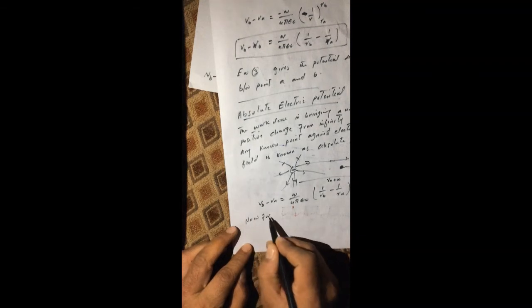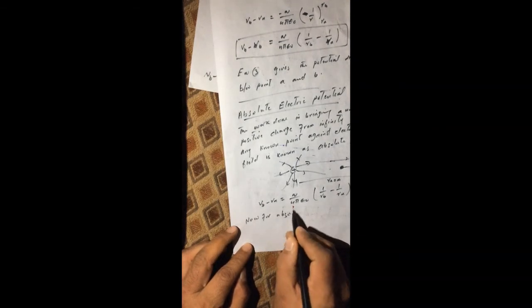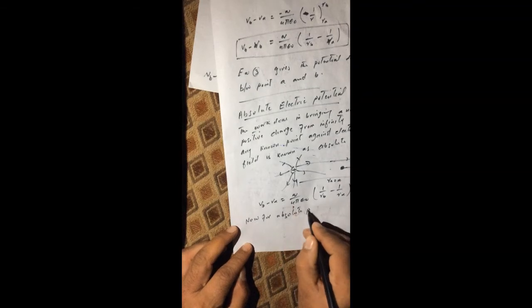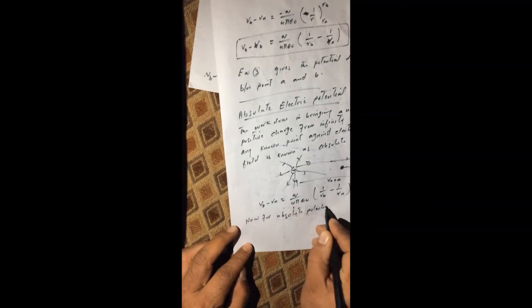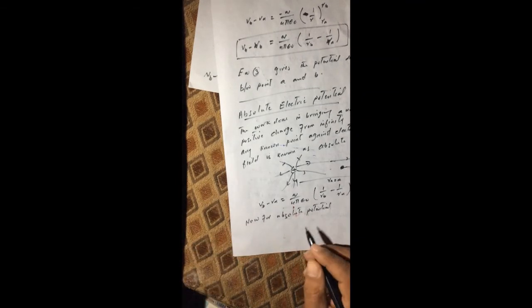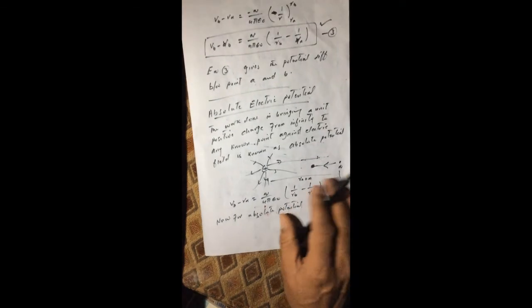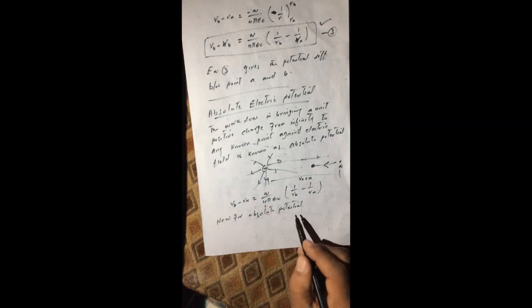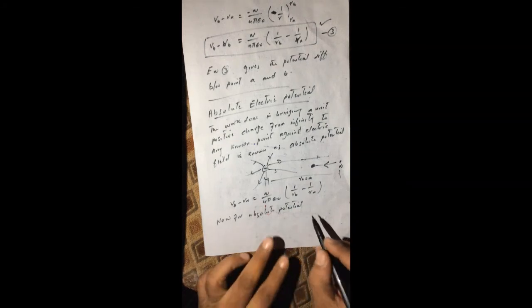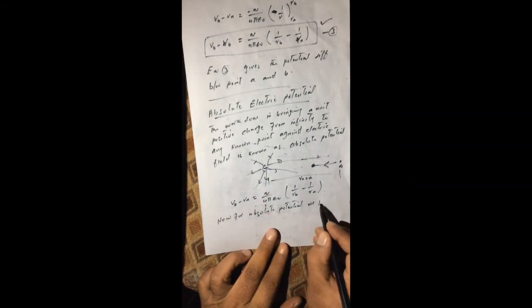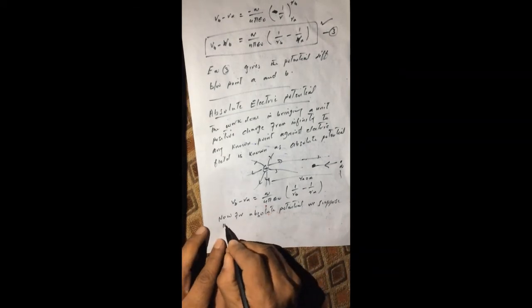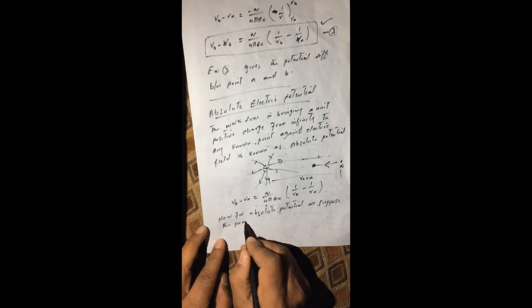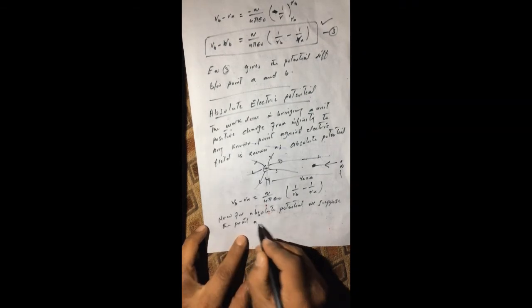Now for absolute potential, we are moving the point charge from infinity to a known point. So for absolute potential, we suppose the point A at infinity.